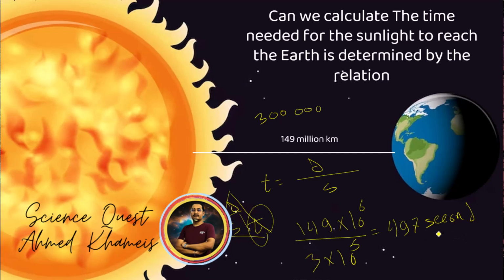And to convert from seconds to minutes, we divide by 60, so that equals 8 minutes and 17 seconds.